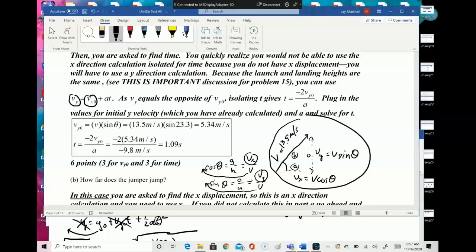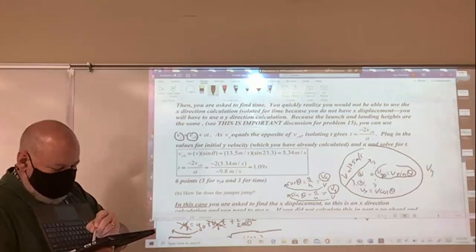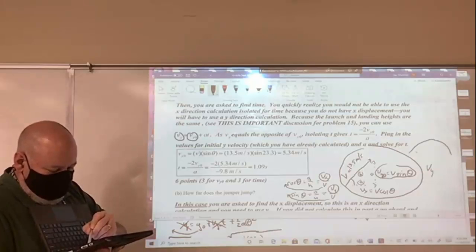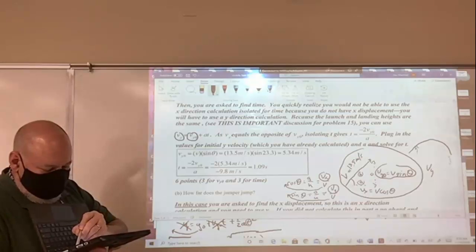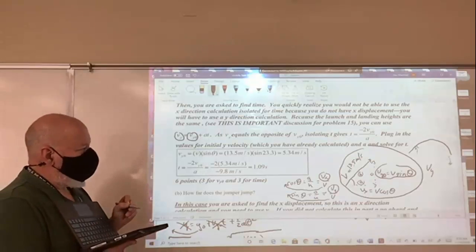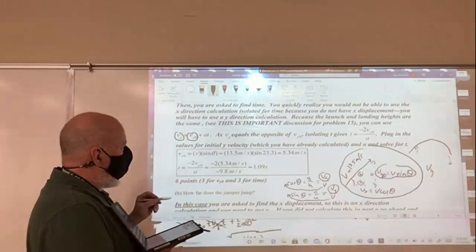The velocity in the y direction at the beginning here is also going to be the same thing as Vy. When I go up, I'm going to have a certain y velocity. When I come down, I'm going to have that same y velocity. It's just going to be in the opposite direction.